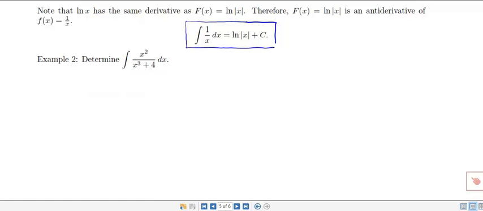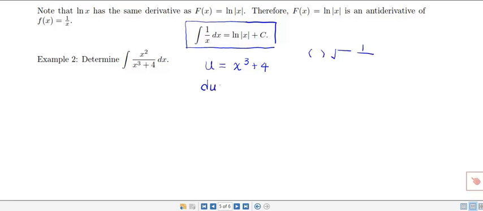So we suspect we might need to use the u substitution that we learned in chapter 4. As usual, we will set our u to be a function inside a parenthesis, under the square root, or in the denominator. In this case, we have x cubed plus 4.